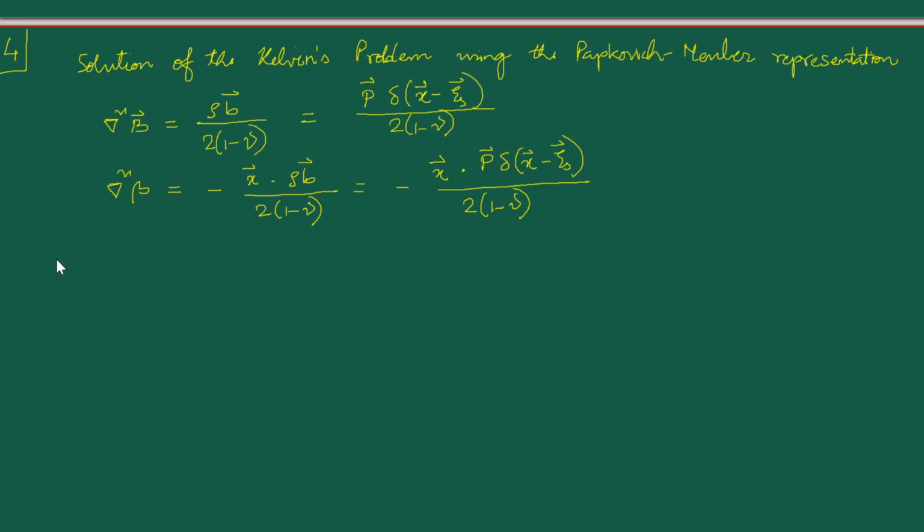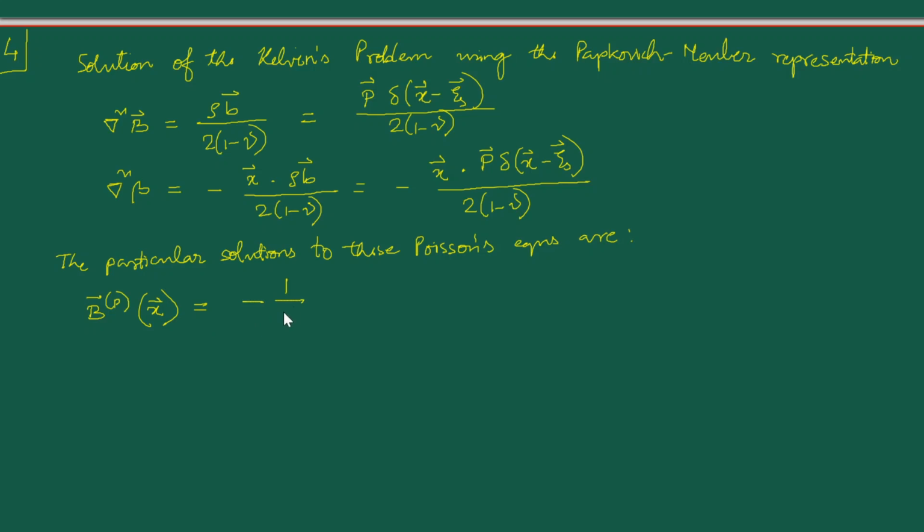The particular solutions to these Poisson's equations are in this form. For the first equation, the particular solution is, you note that we need a minus 1 by 4 pi.